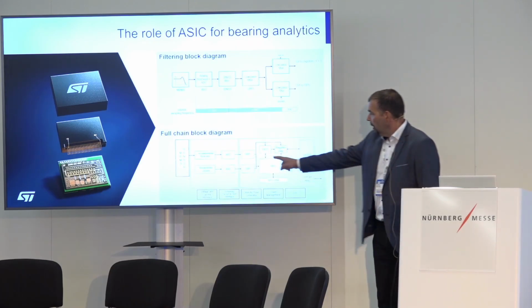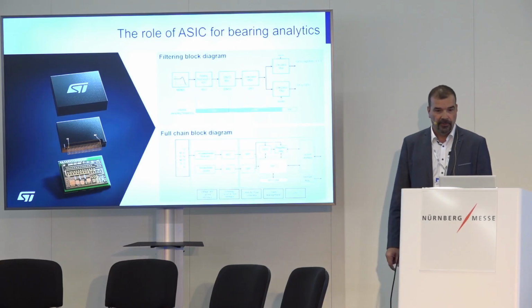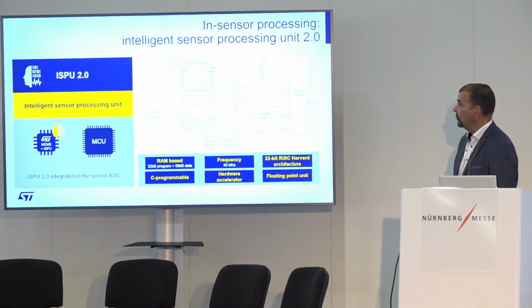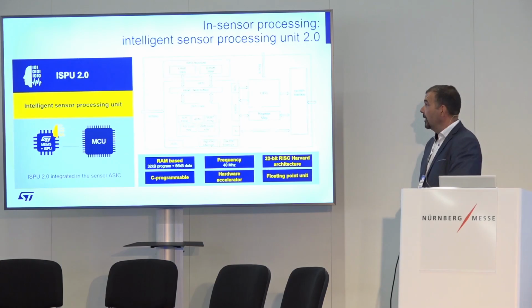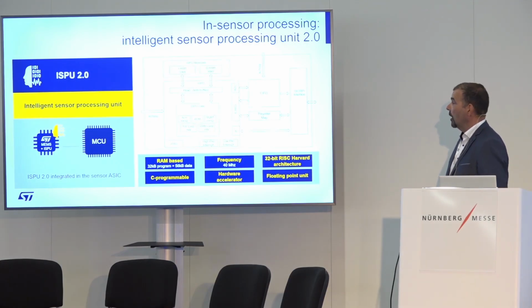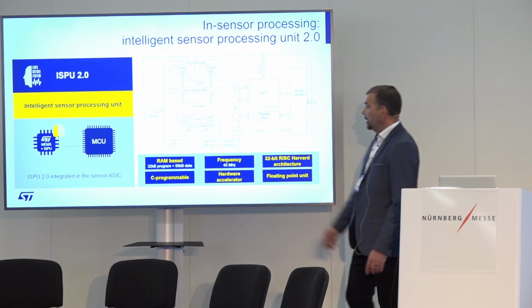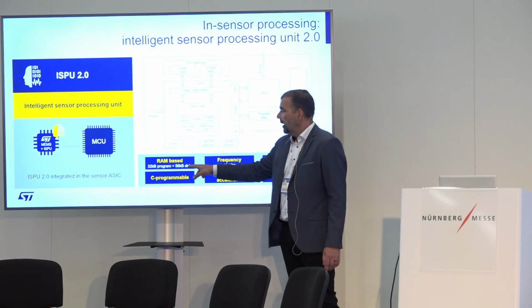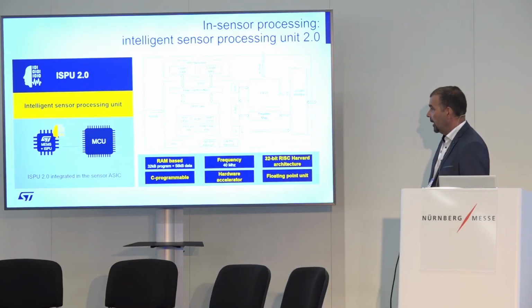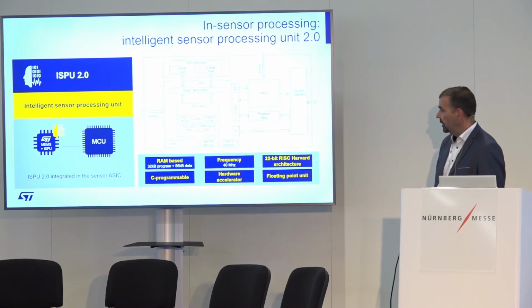Let's focus on this ISPU, on this RISC processor a little bit. So we call it ISPU 2.0 because we enhanced this RISC processor capability compared to our previous generation of devices. We are, for example, increasing the program and data RAM up to 32K for the program and 56K for the data.